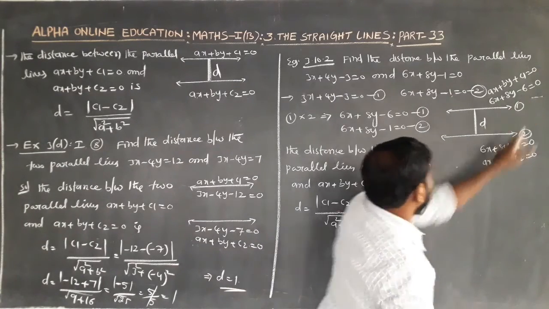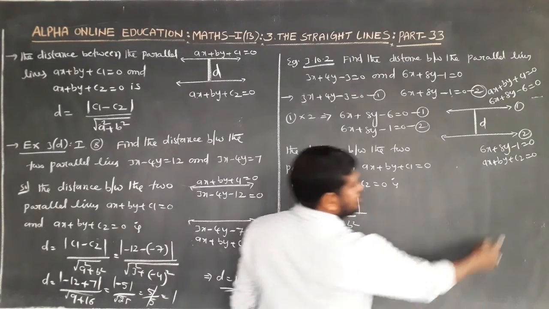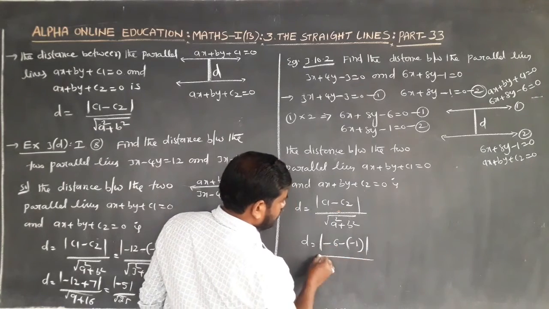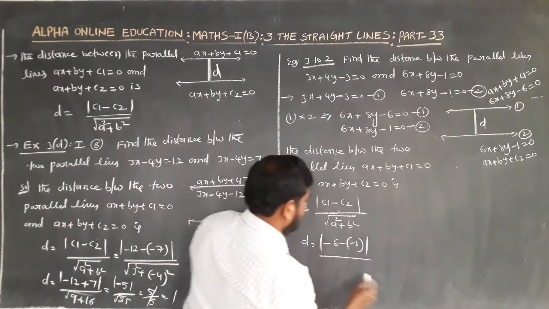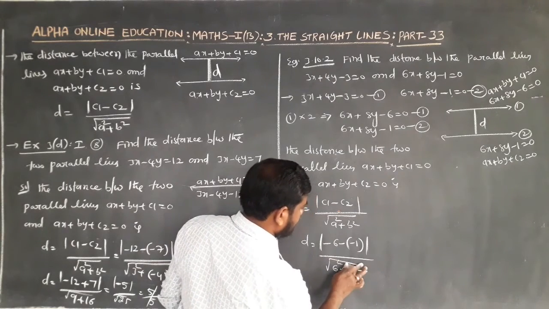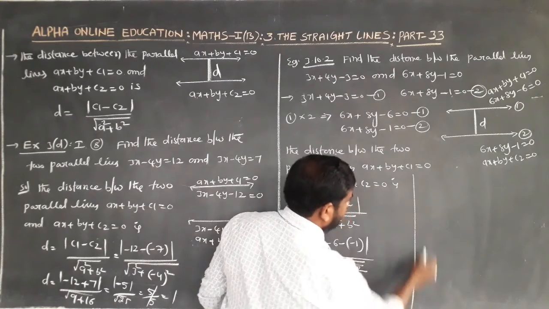Here c1 is minus 6, c2 is minus 1, divided by the square root of a square, 6 square, plus b square, 8 square.